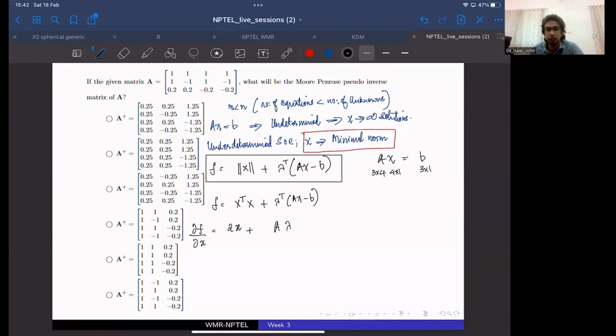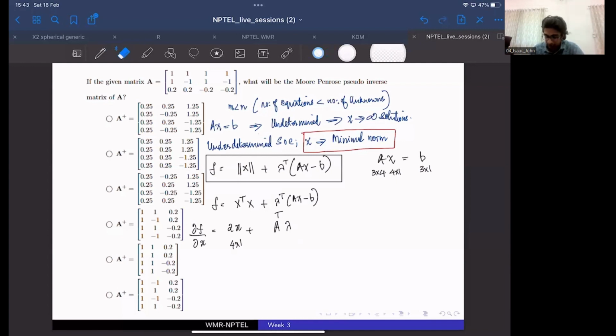But in order to make the dimensions consistent, x is a 4 cross 1 vector, A is a 3 cross 4 matrix, and lambda is a 3 cross 1 vector. So to make the dimensions consistent, this has to be A transpose lambda.